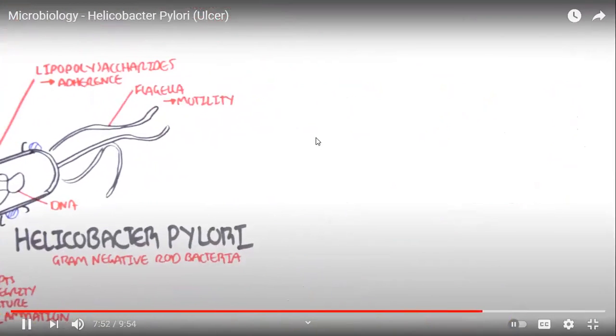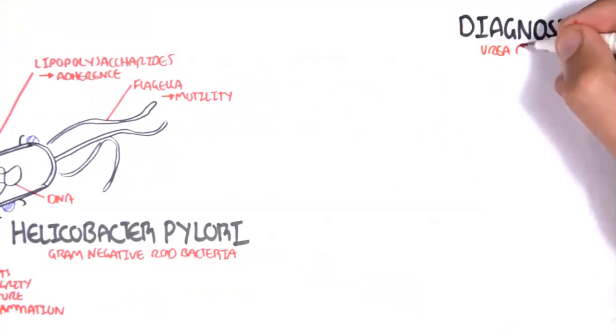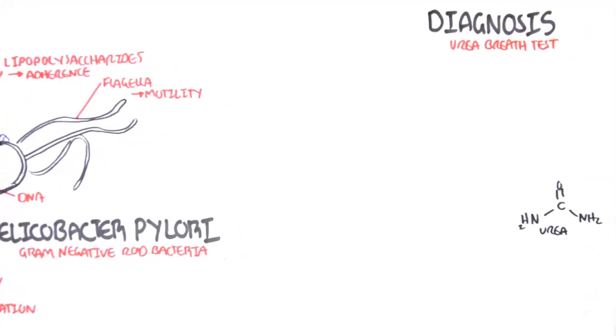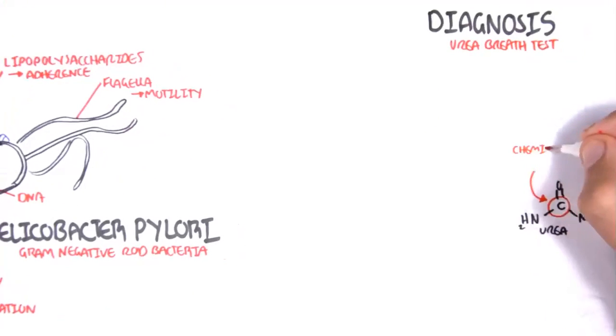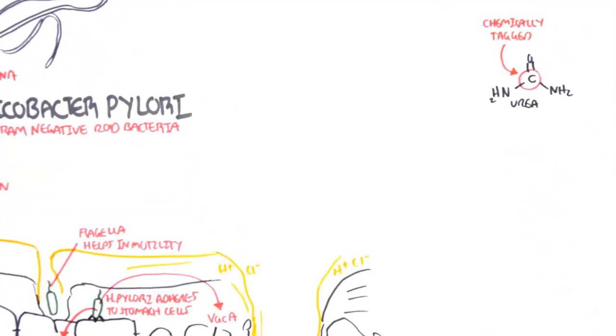Now we will discuss the diagnosis of Helicobacter pylori, that is, how we can identify if a person is suffering from an ulcer due to H. pylori. Here we will use urea which is tagged, or labeled, meaning the carbon in this urea is tagged.